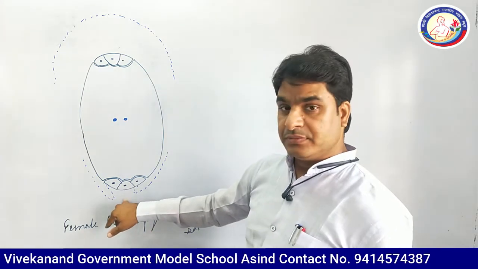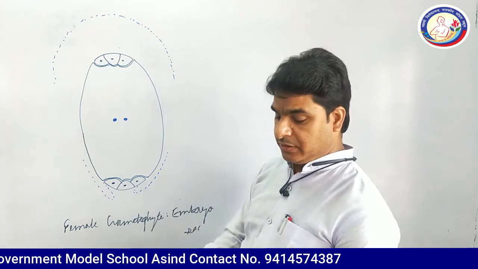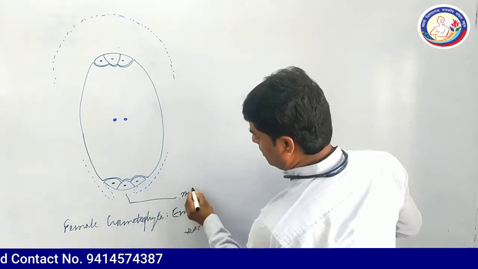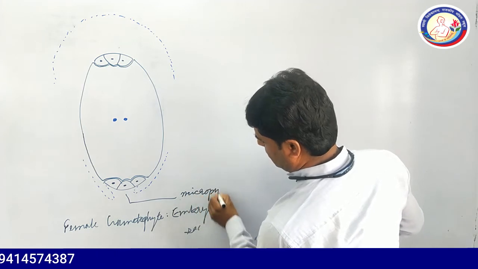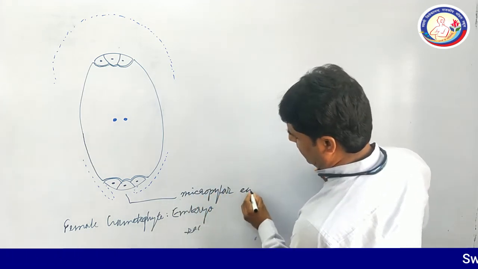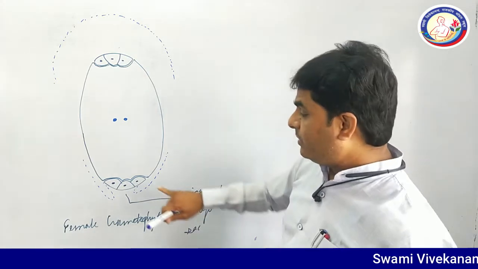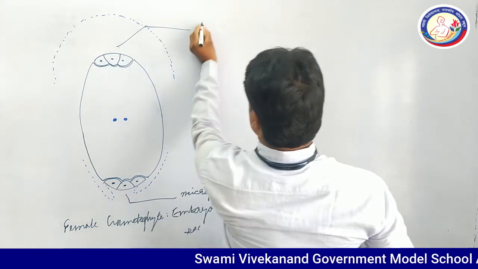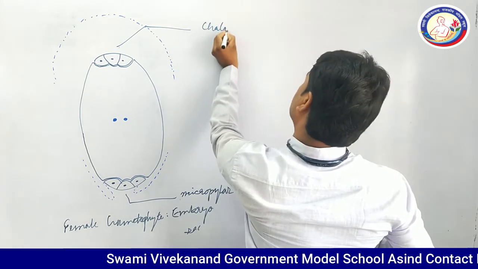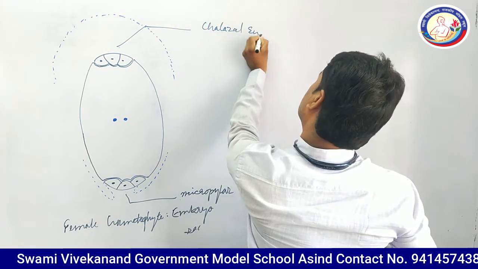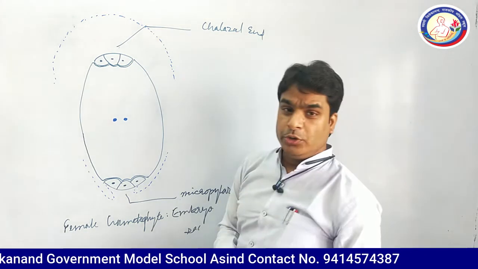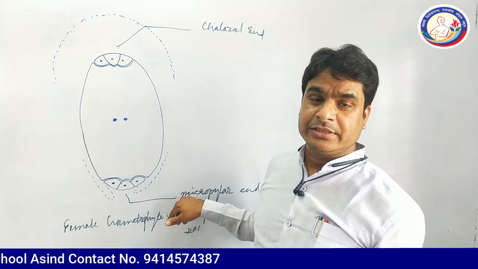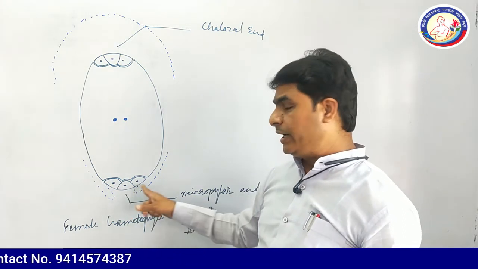3 cells are in the micropylar part. This part is known as the micropylar end, and just opposite of this part is the chalazal end. So you can see, towards the micropylar end, 3 cells are here, 1, 2 and 3.